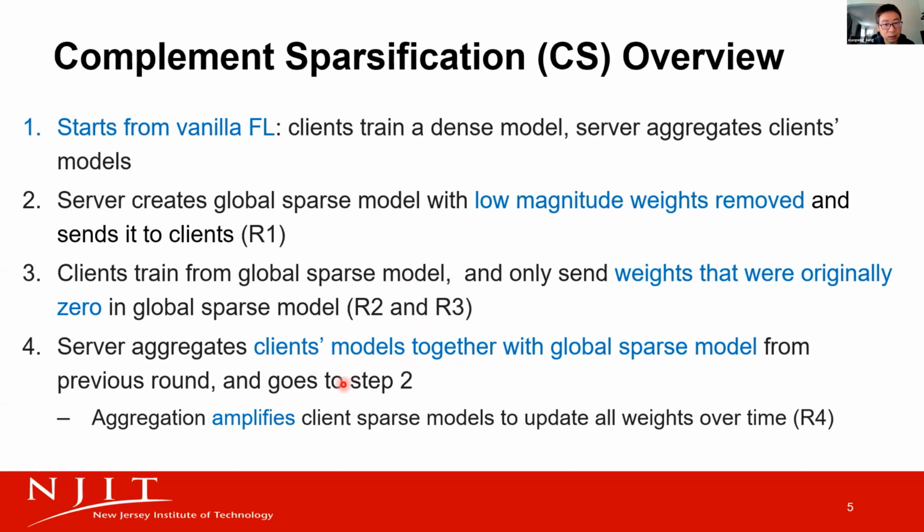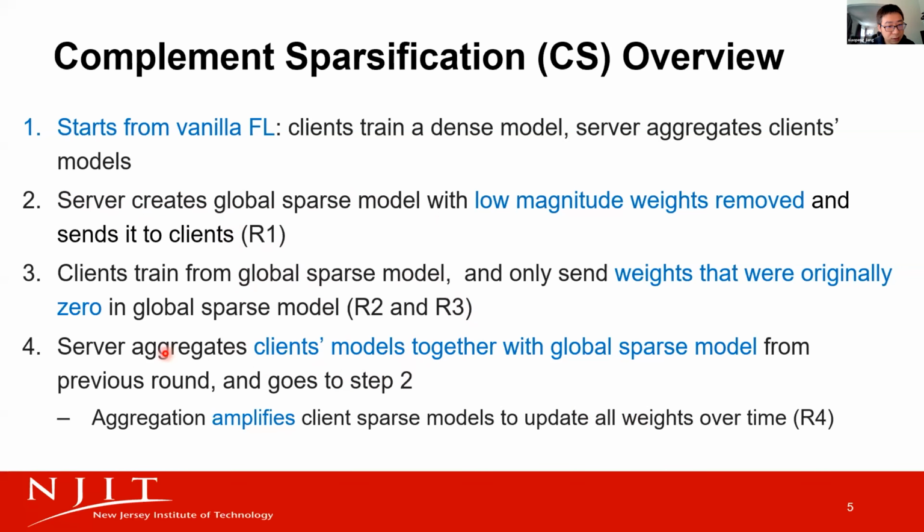With this new dense model, we can repeat step number 2, which is removing some low magnitude weights again to get the global sparse model. In this way, this process can repeat, and then we can eventually update all the weights over time.